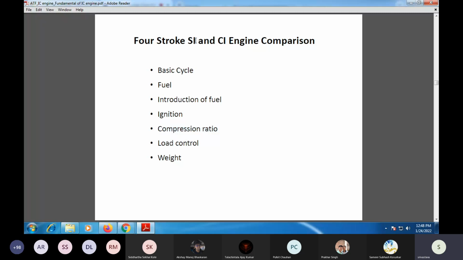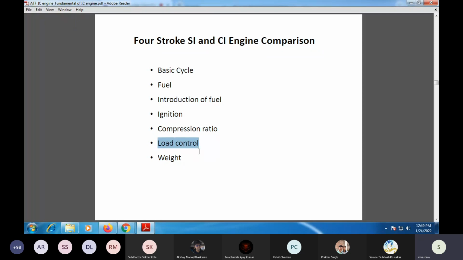The range in spark ignition can vary from 6 to 12, whereas in CI engine it can vary from 16 to 24. So that's the difference between the 4-stroke CI and SI engine based on the compression ratio.